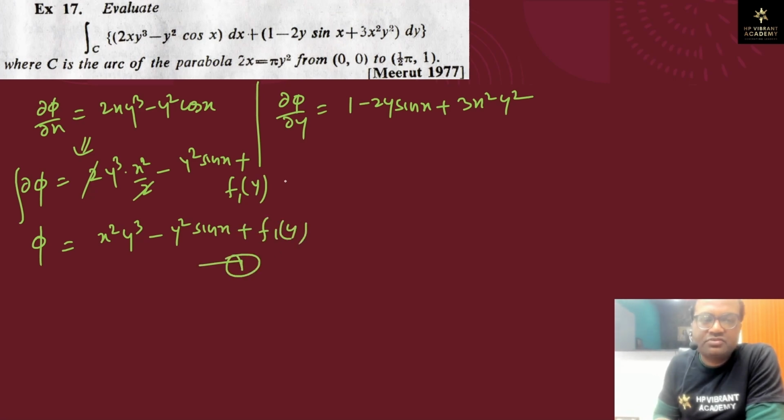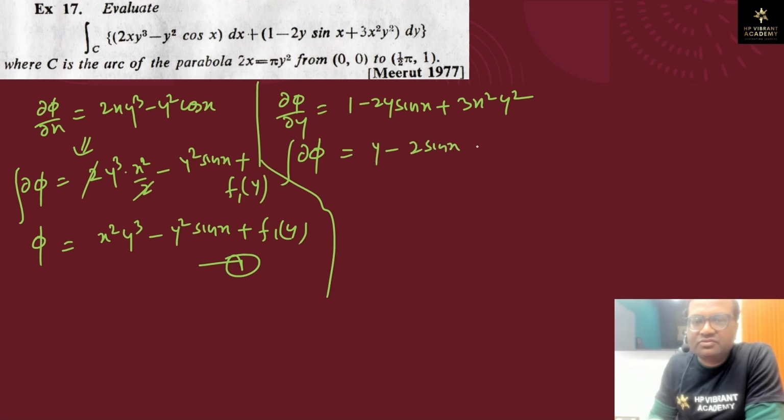Let us take this as equation 1. Now let us integrate del phi with respect to y. So this is equal to the integral of 1 minus 2 sin x y dy. So this is y minus y square sin x, plus 3x square into y square dy, which gives y cube upon 3.